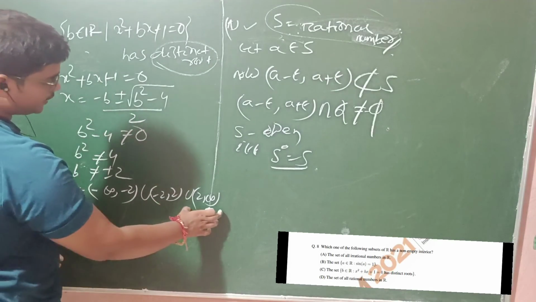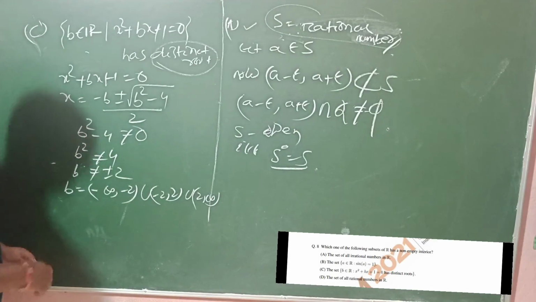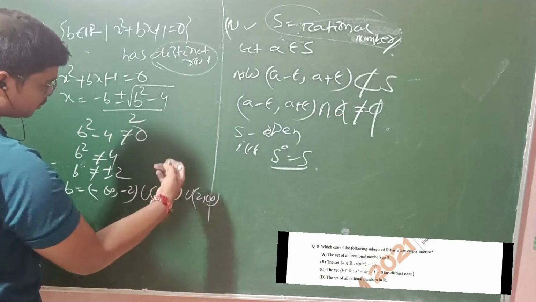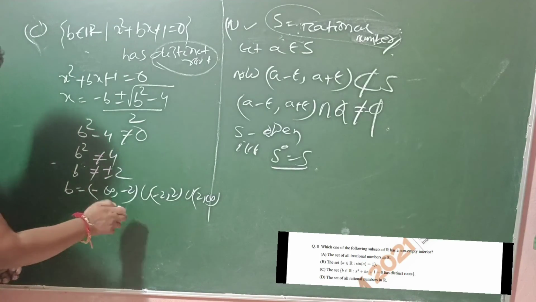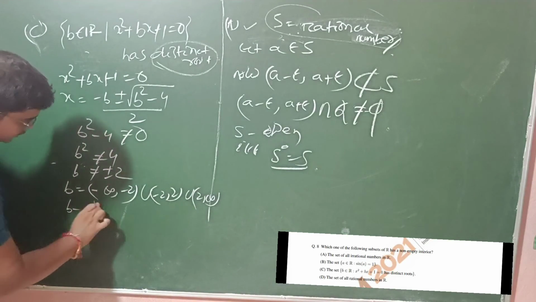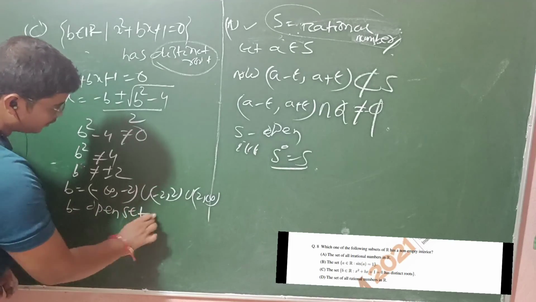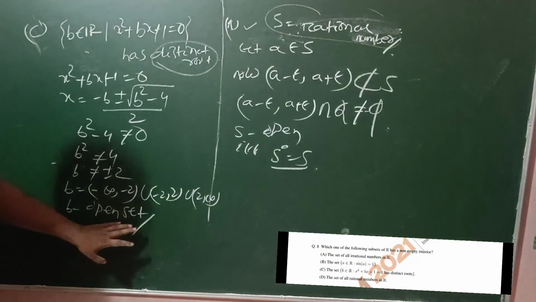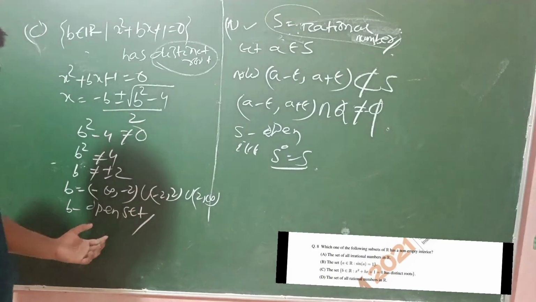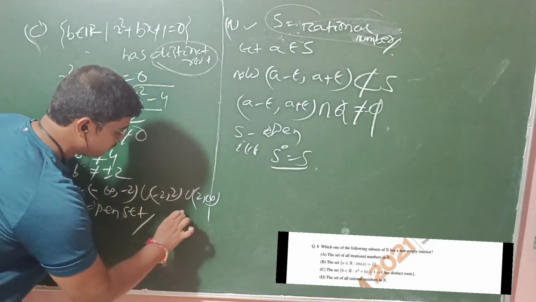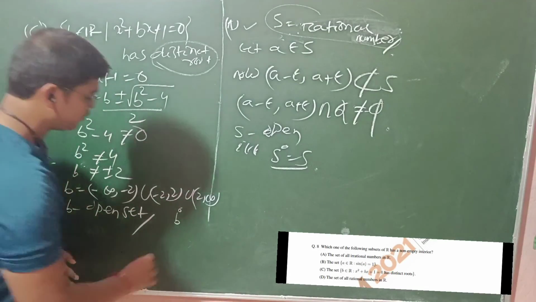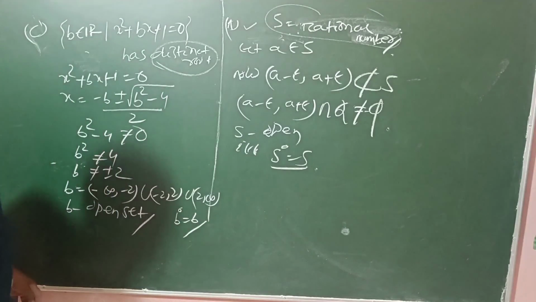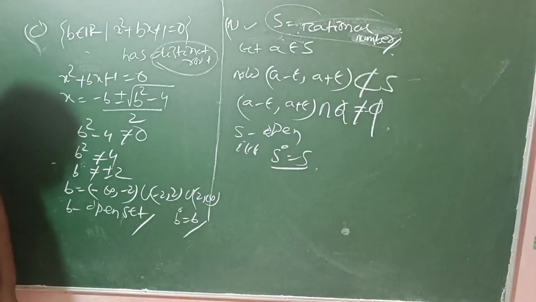Now we know that the union of finite open sets is open, and an arbitrary union of open sets is also open. So B is an open set, and by the definition, in an open set every point is an interior point. So the interior of B equals B.